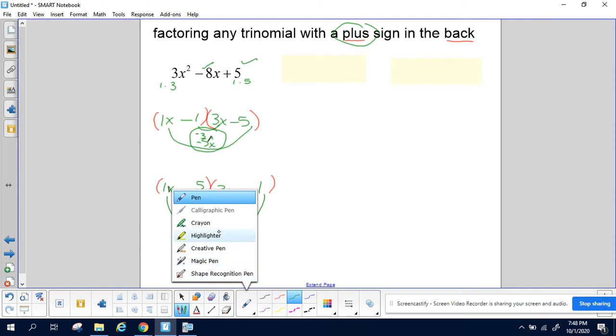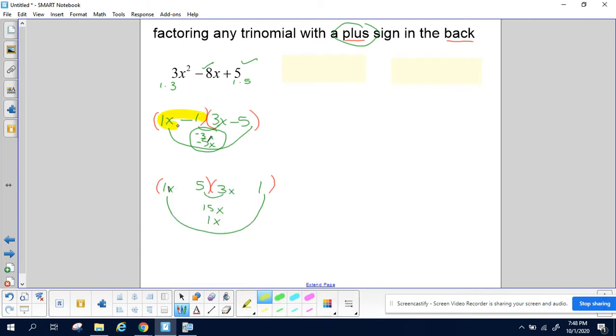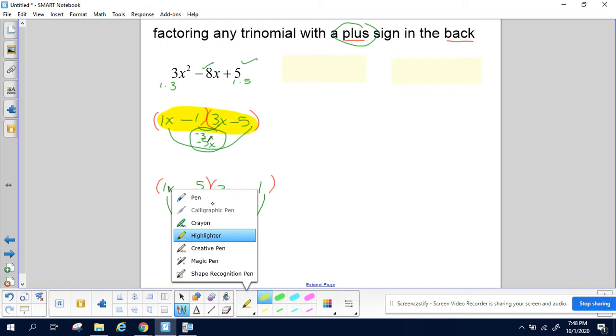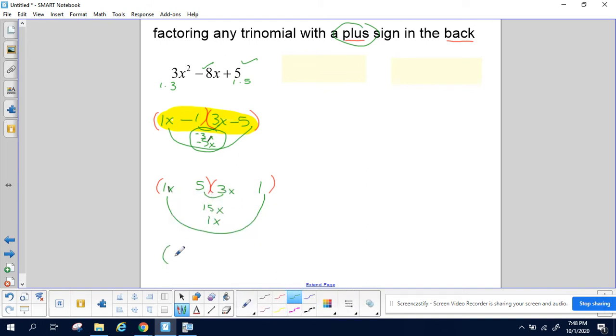Let's see if I can find my highlighter. And there are 2 ways to type it into Delta Math. The other way that it will accept it correctly is if you have 3x minus 5 in your front parenthesis, and then the 1x minus 1 in the back parenthesis.